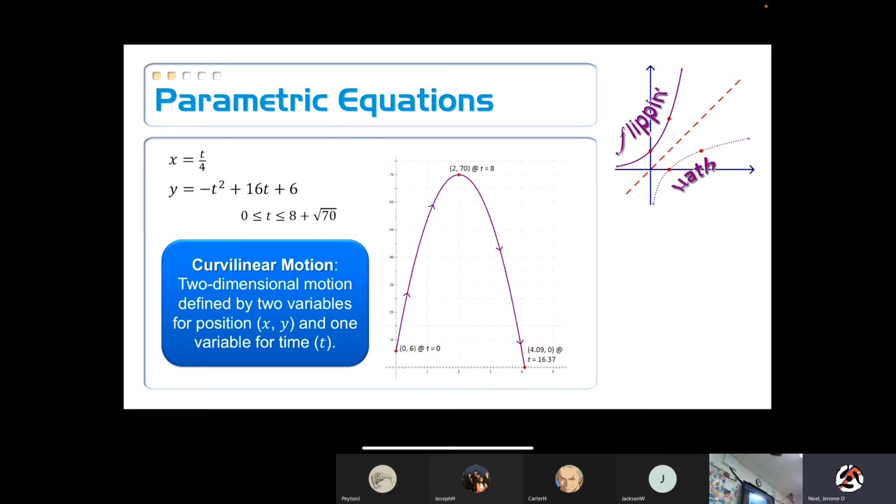And that's called curvilinear motion. And so now this graph is actually what the path of that object looks like. It looks like this parabola.